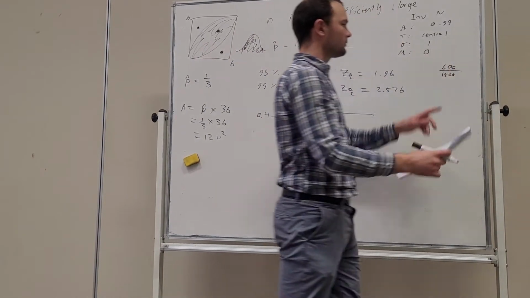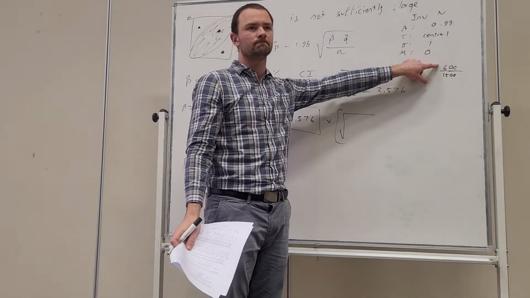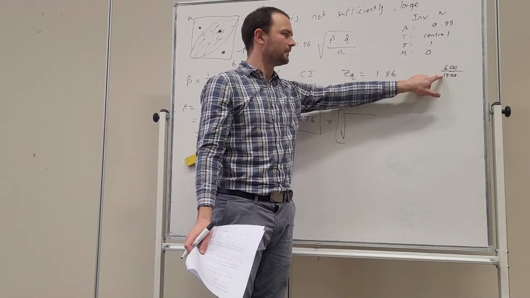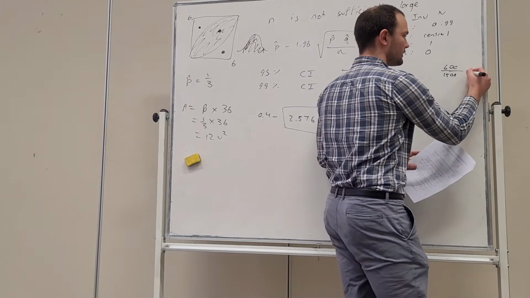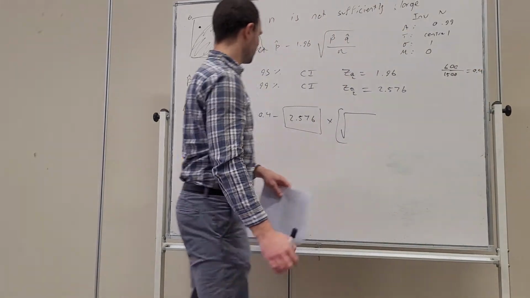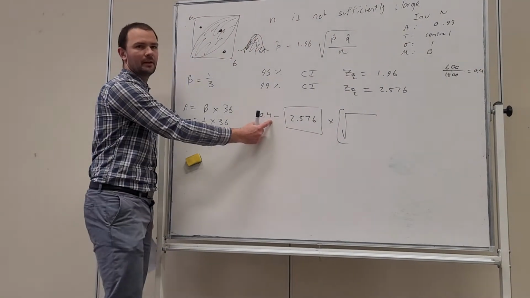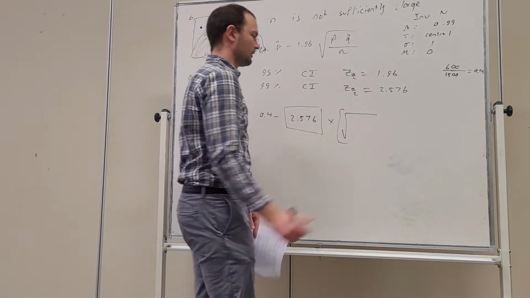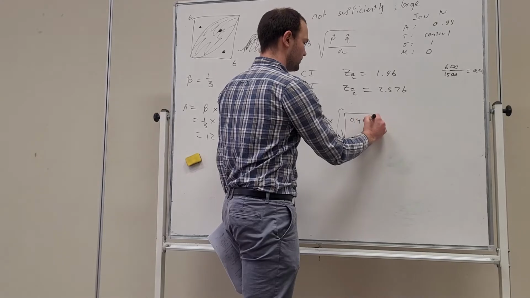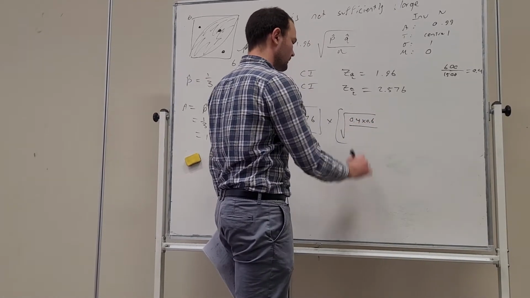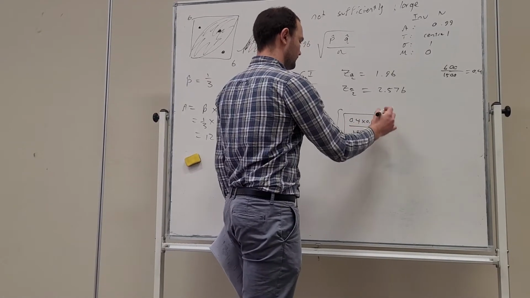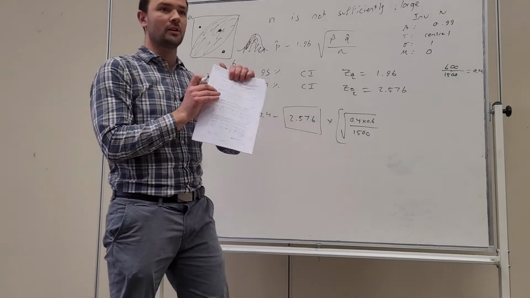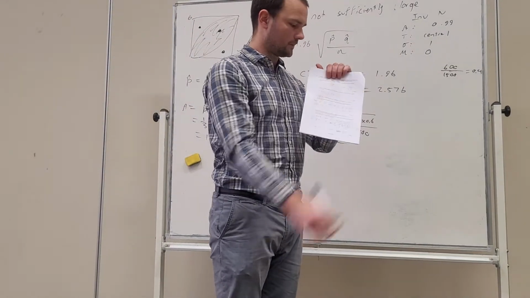We had 600 dots in the shaded area out of 1500. And they tell you this as well. They tell you it's 0.4 because that's the observed value of P hat. So you don't need to calculate it. It's right in front and right at the back there. So 0.4 times 0.6 on top of N, which is 1500.